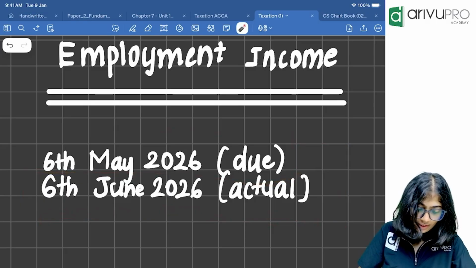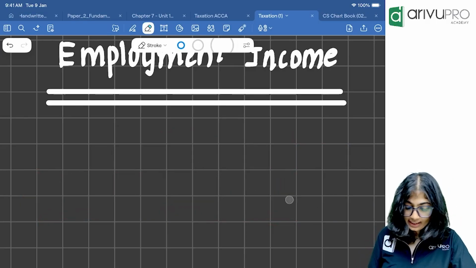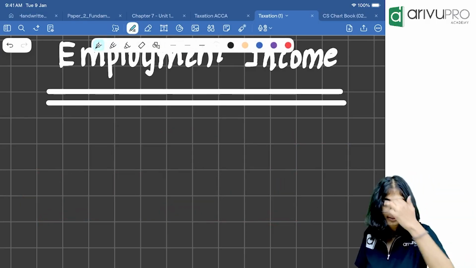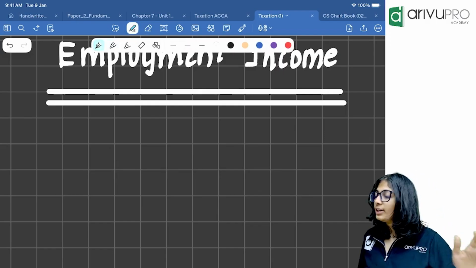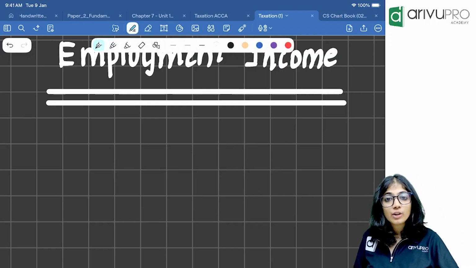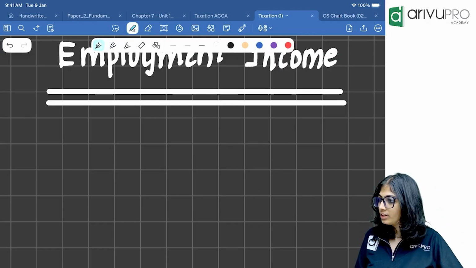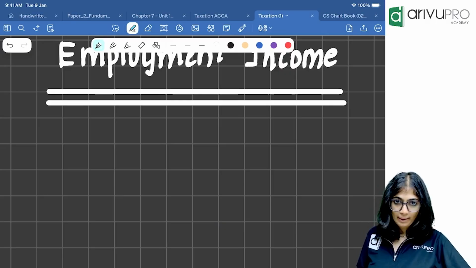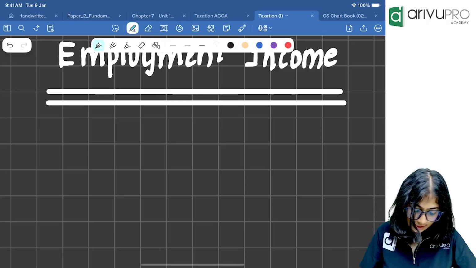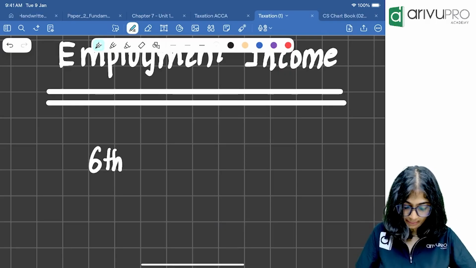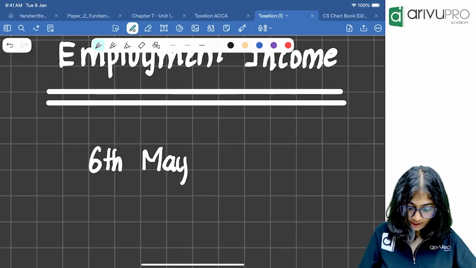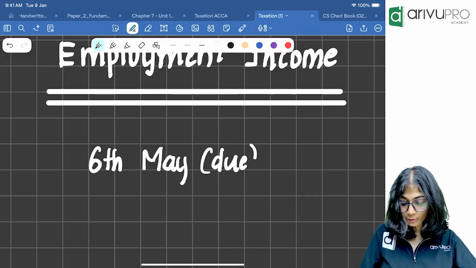For example, they had given me advance payment. Let's just say that, hey, you're traveling a lot, you're traveling to Chennai, you're traveling to Coimbatore for work, so I'll give you an advance payment. So instead of 6th April or 6th May, they had actually, this is the due amount. This is when they were supposed to pay.